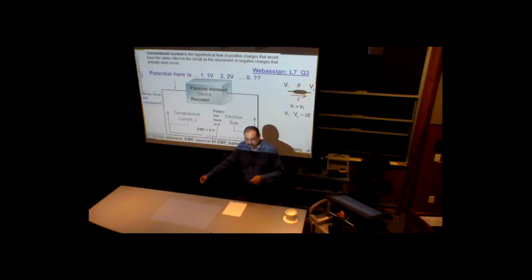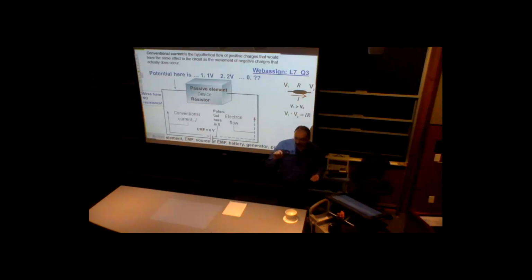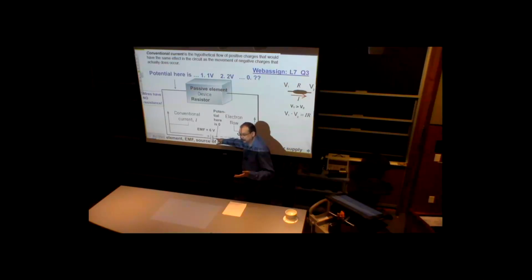Grounded means connected to the earth, which means the electric potential of that point is 0. We choose where it's 0. Normally, the easiest choice is the negative electrode of the battery. So this potential is 0, and the battery makes the potential here 6 volts higher.